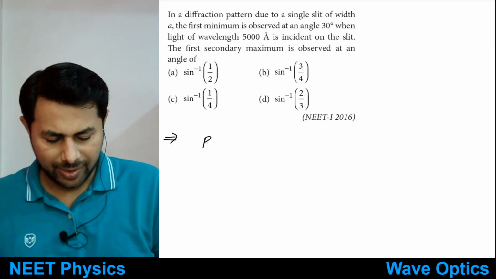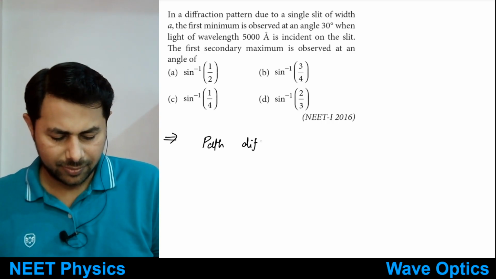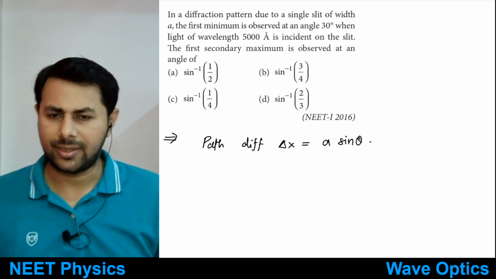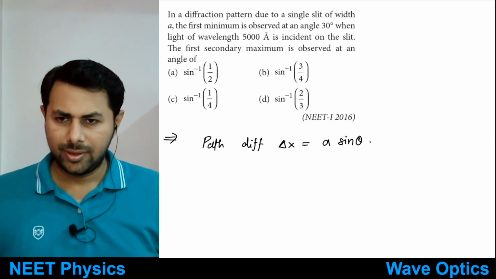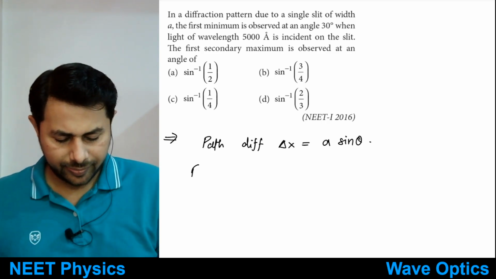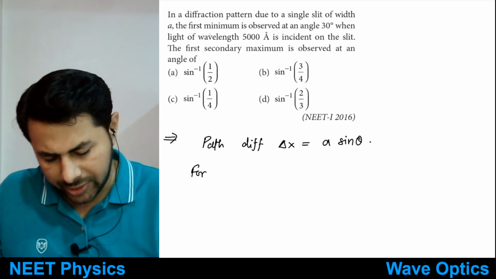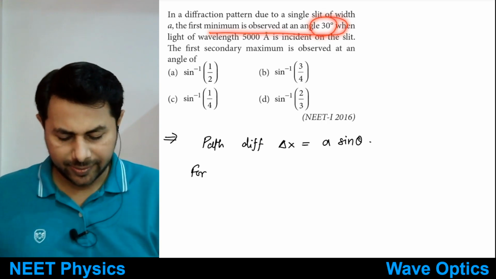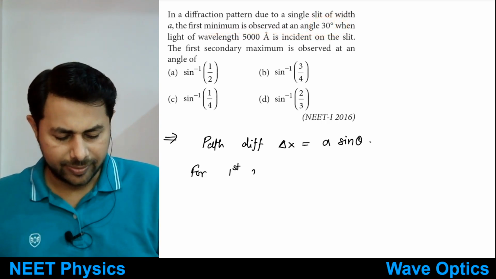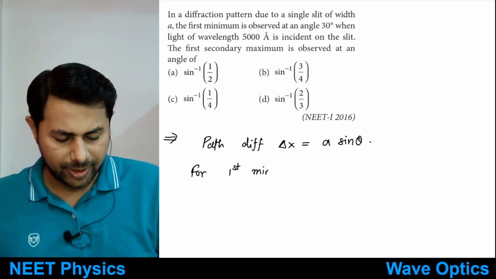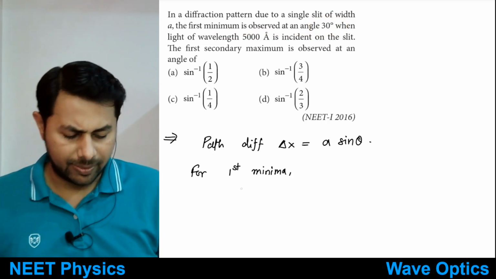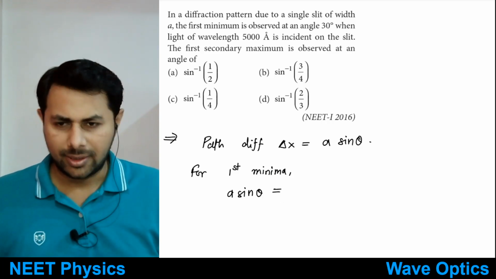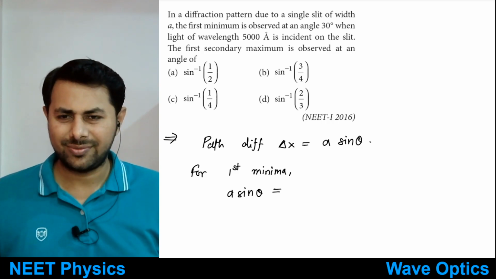Path difference delta x is equal to a sine theta. First minima is observed at 30 degrees. So for the first minima, we can say the path difference a sine theta is equal to what? Tell me. Lambda or lambda by 2. What is it?